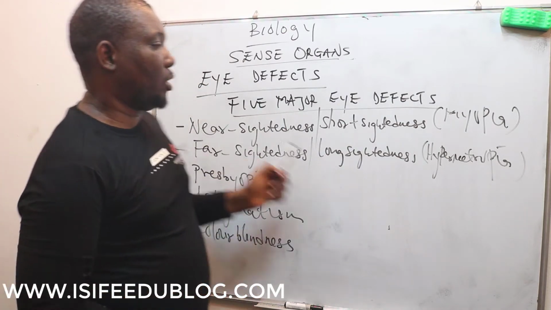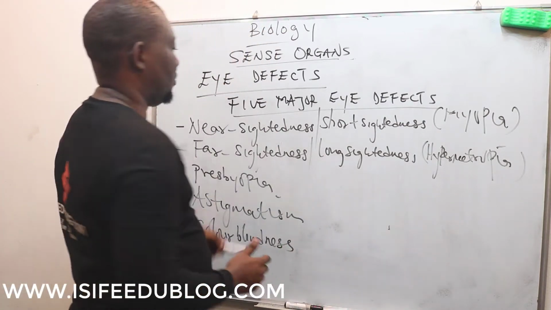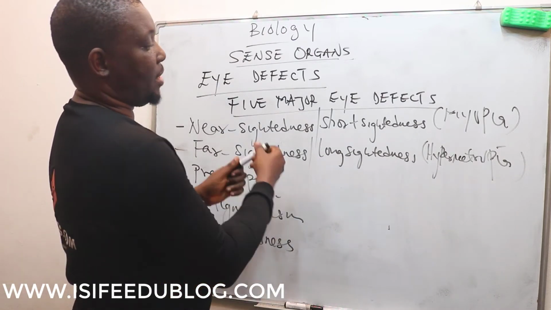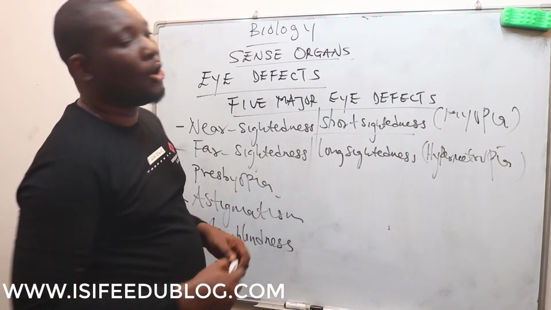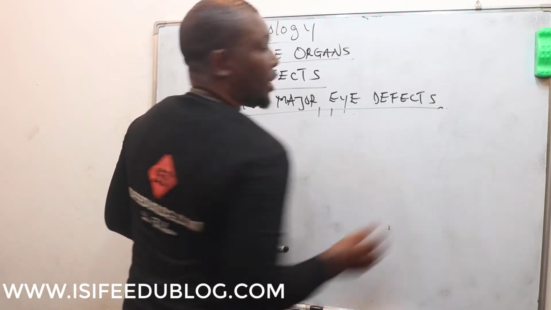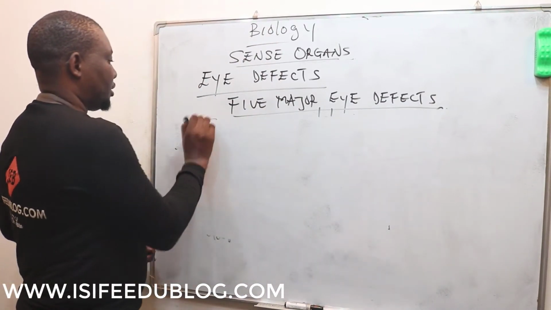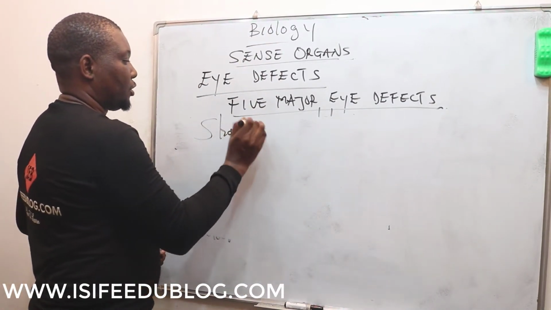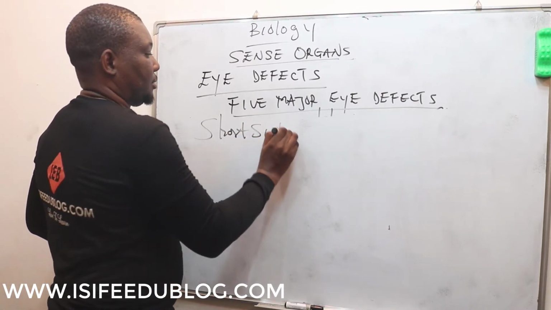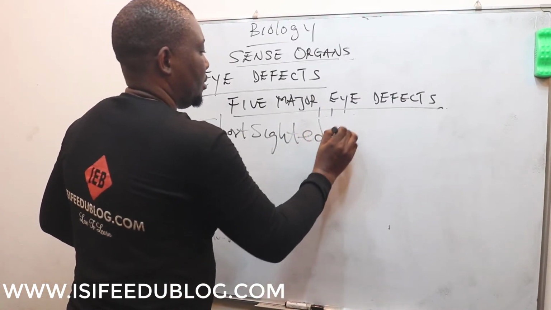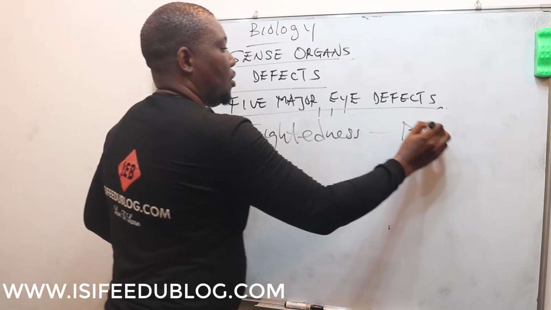We're going to be looking at these one after the other, starting from near-sightedness, which generally can be referred to as short-sightedness or myopia. Okay, now let's start with short-sightedness or myopia.